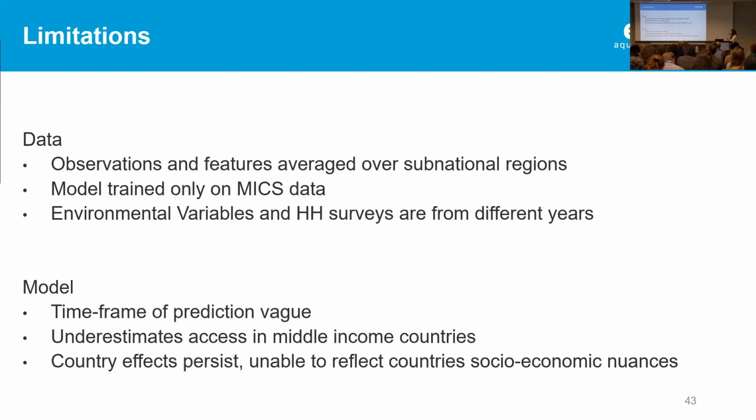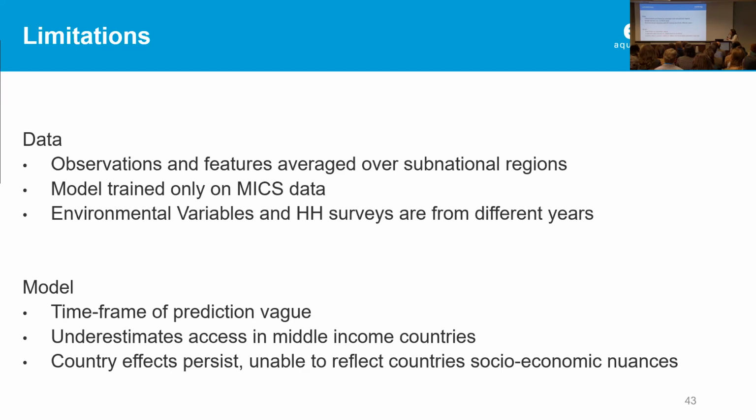Limitations of the model. Basically our models are on the one hand only as good as the data we're feeding them, or are limited at least by this. Some of the limiting factors here are that the observations we're using are at regional levels, so we're limited with our resolution here.